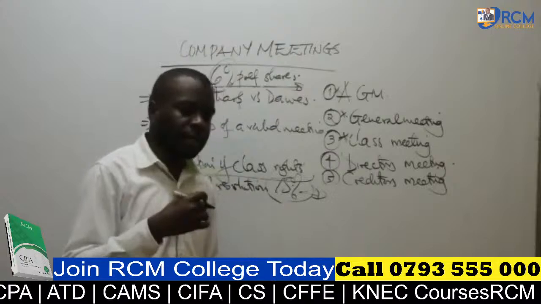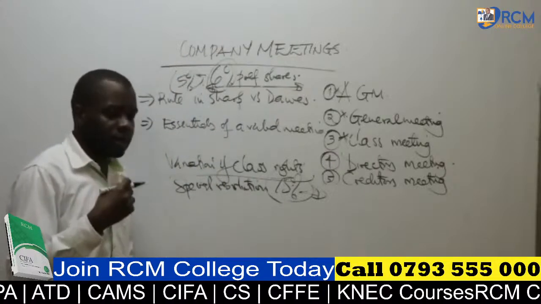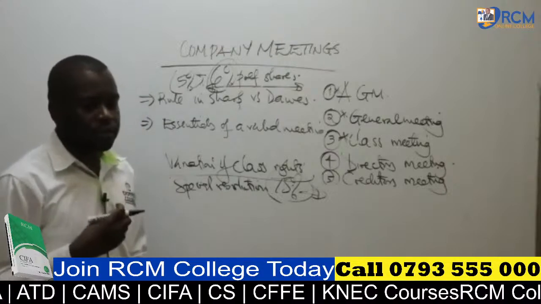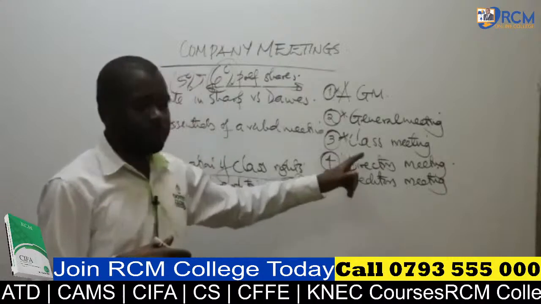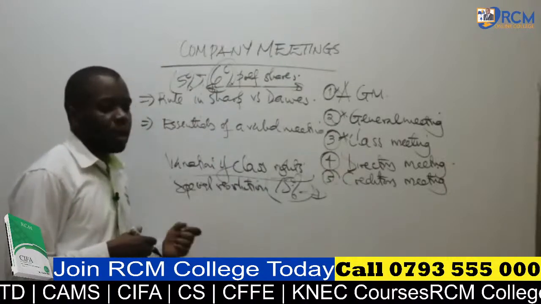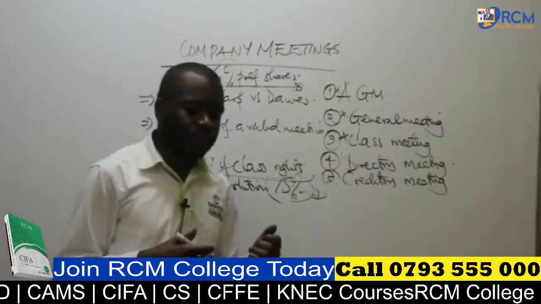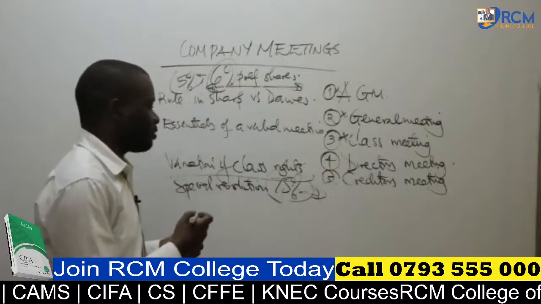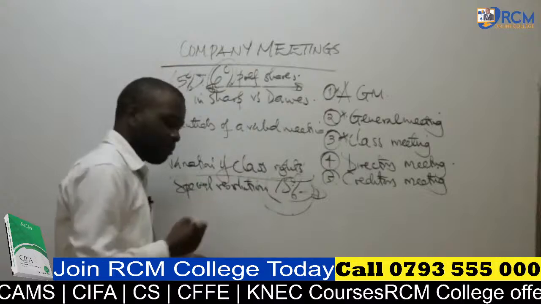Therefore, a class rights variation procedure has to be followed. The members of that class of shares will convene a meeting known as a class meeting. At the class meeting, they'll pass a special resolution to approve the variation. So the variation can only sail through if at least 75% of those who have voting rights in that class of shares approve.